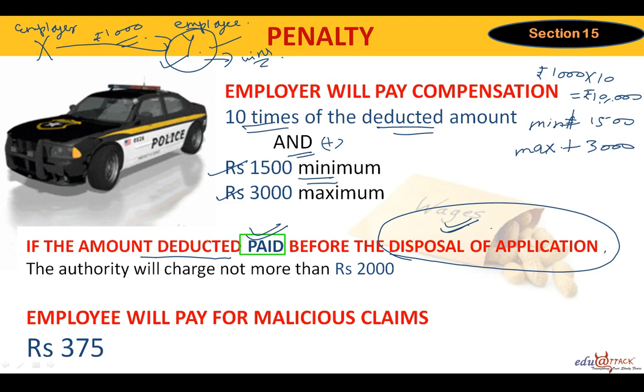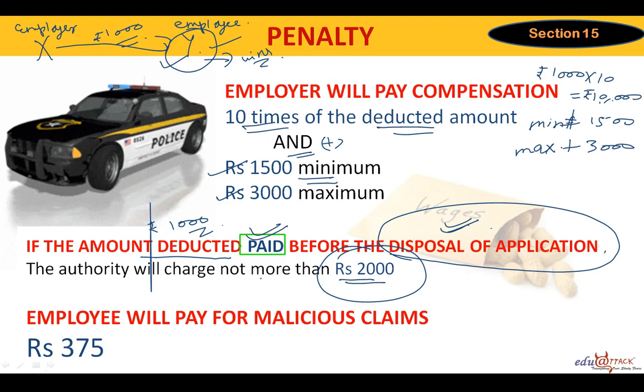So suppose, going to that previous example only, the amount deducted is rupees 1000 and it is paid before the disposal of application. If the employer got scared and he paid the deducted amount, then in that case the authority will charge not more than rupees 2000. Means here the employer is saving himself from that 10 times penalty. Okay, right? You're understanding what I'm trying to say? Here the employer is saving himself from that harsh fine.